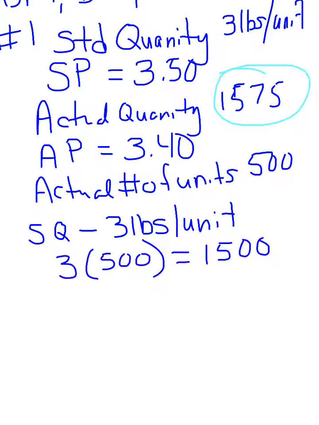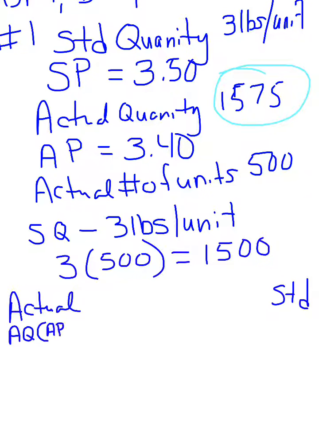Now when we look at variances, it's pretty much a three-pronged approach, where this side over here is your actual, and over here is your standard. So when we look at actual cost, you can do the actual quantity times the actual price.